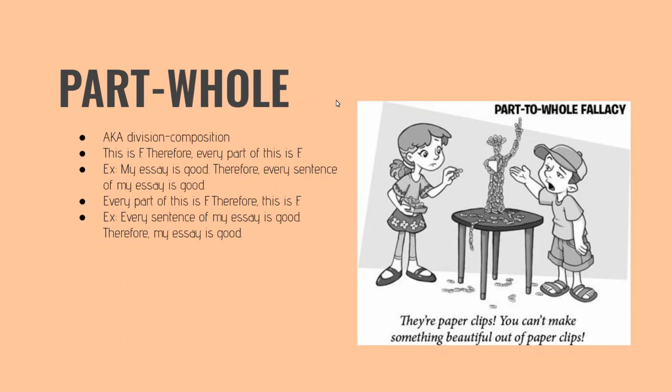The first argument is wrong because an essay might be good despite having some poor sentences. The second is wrong because each sentence of the essay might be good without the essay as a whole being good. The individual sentences might not make sense together. So something might be true of a whole without being true of the parts, or true of the parts without being true of the whole.